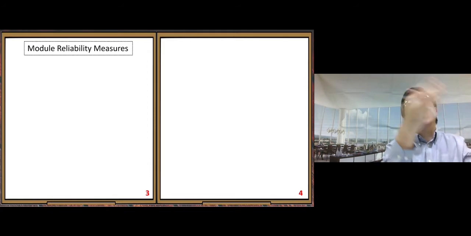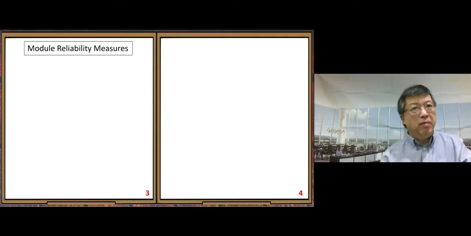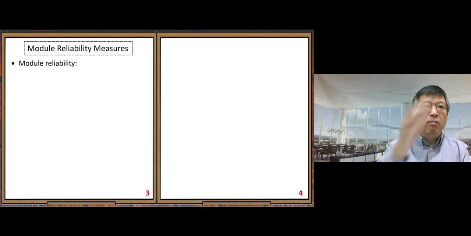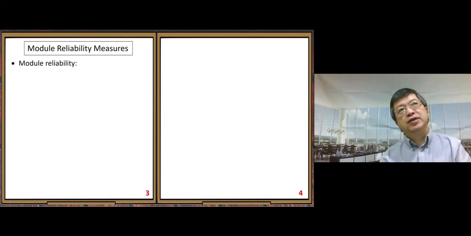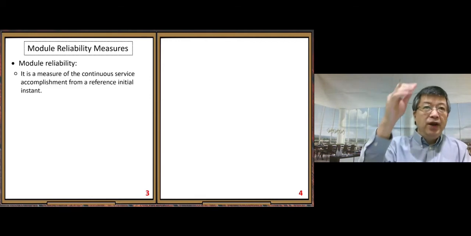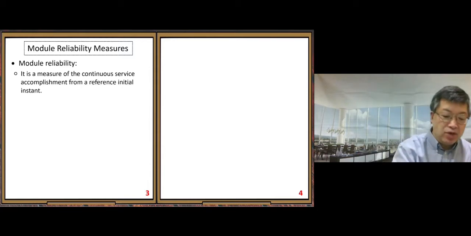We just say one module, one general module. So module reliability measures. First, we want to describe the module reliability. So what do you mean by the module reliability? So it is a measure of the continuous service accomplishment.